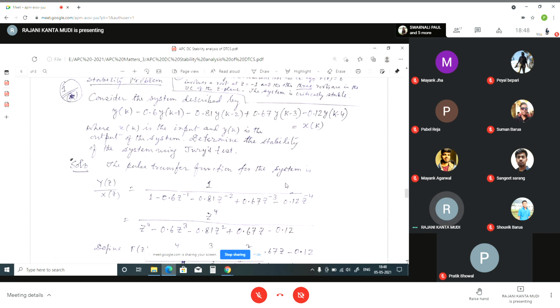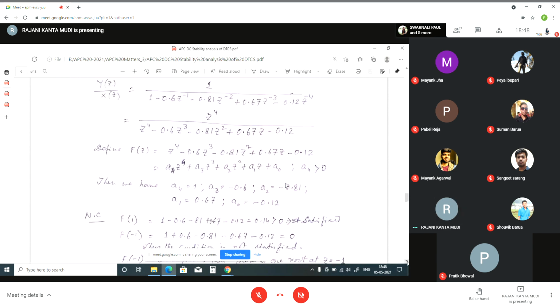You can now form F(z), the characteristic equation. This is the denominator. You have to find the roots of the transfer function. F(z) equal to this.